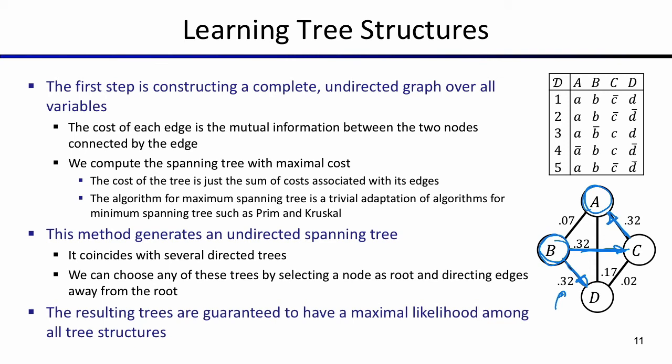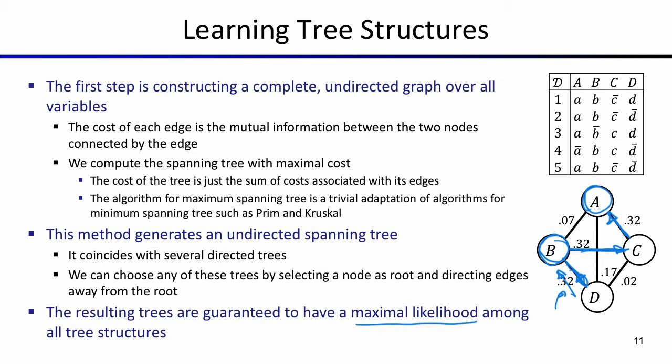So the mutual information between B and D is the same as the mutual information between D and B. If we select this edge here or the edge in the opposite direction, it would give us the same mutual information. So all these trees that we can generate by selecting different roots will all have the maximum likelihood among the tree structures.